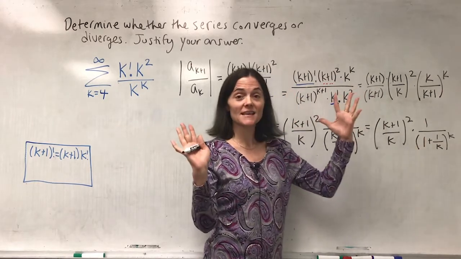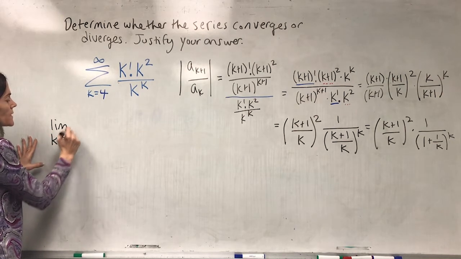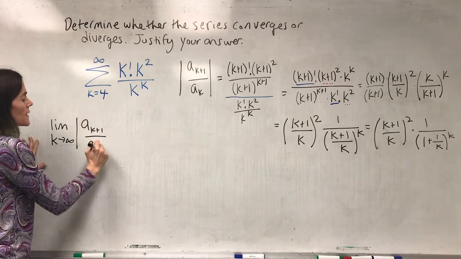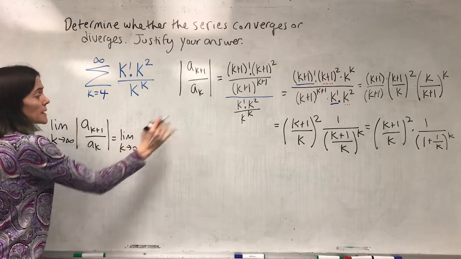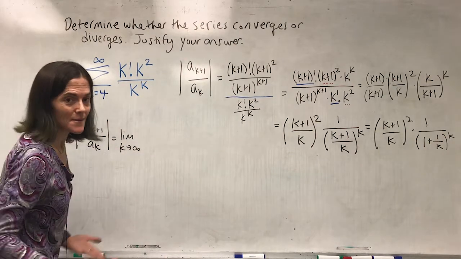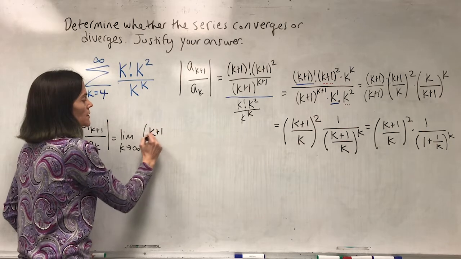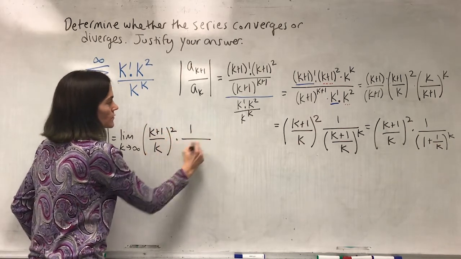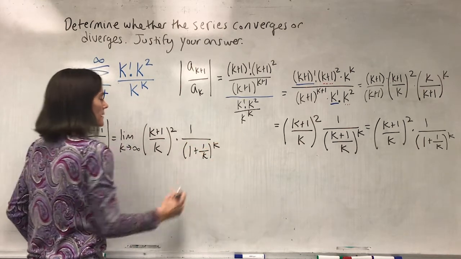Both the limits exist. We take a limit as k goes to infinity, absolute value a k plus 1 over a k. This is a limit as k goes to infinity by our multiple steps of simplifying of k plus 1 over k squared times 1 over 1 plus 1 over k to the k.